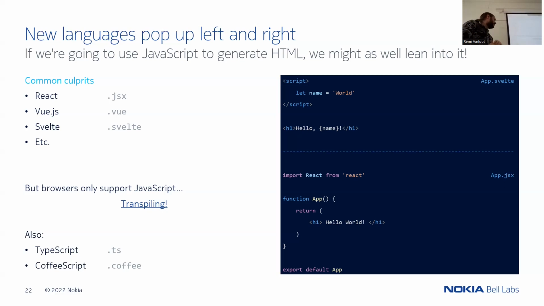The other, less known, is CoffeeScript, which basically has Python syntax for JavaScript. You can write your JavaScript with indentation-based blocks, with comprehensions for lists and things like that. So if you really like Python but need to do JavaScript, you may want to have a look at CoffeeScript.